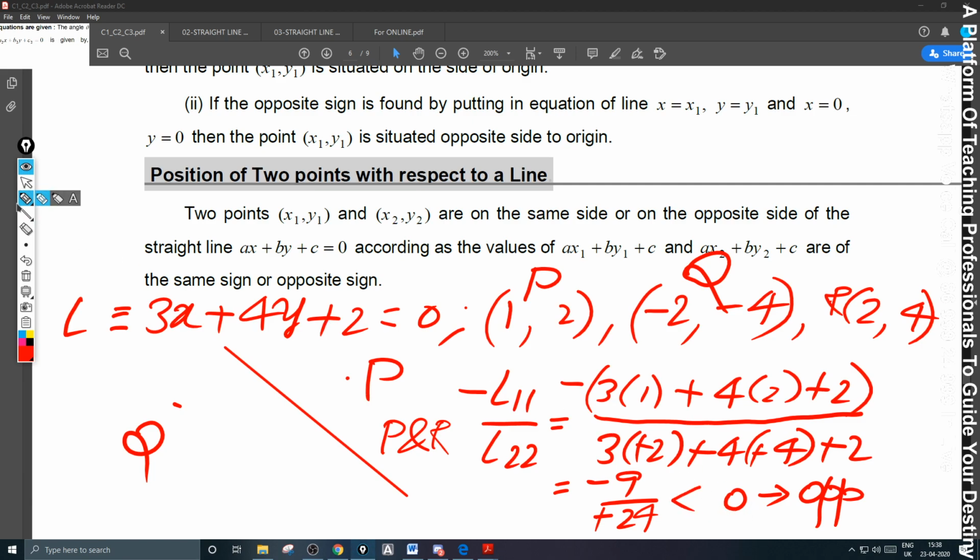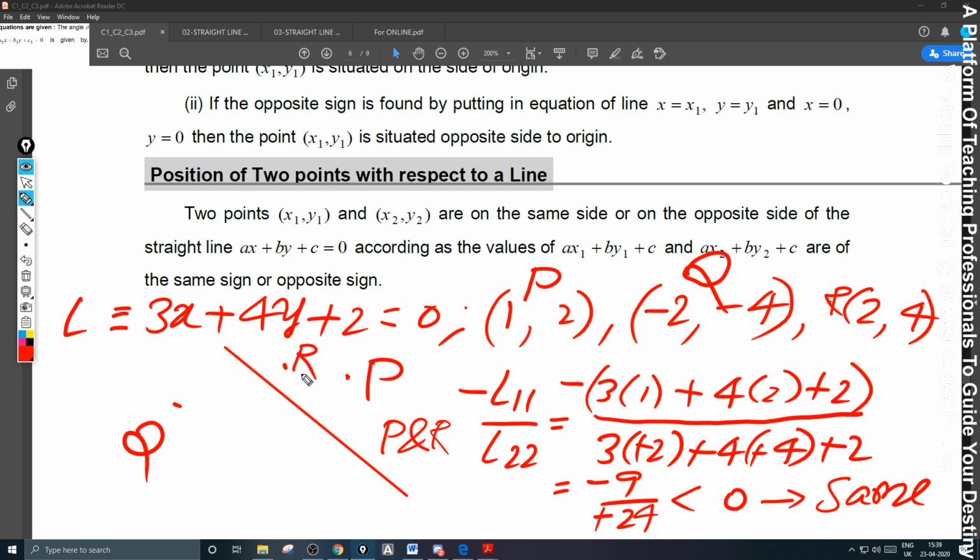When the ratio is negative, the points lie on the same side. Then R also lies here.